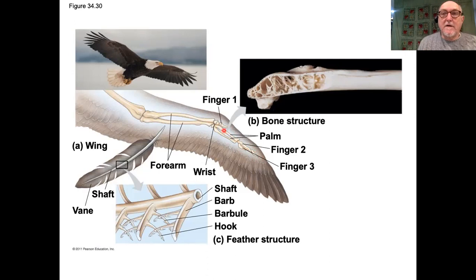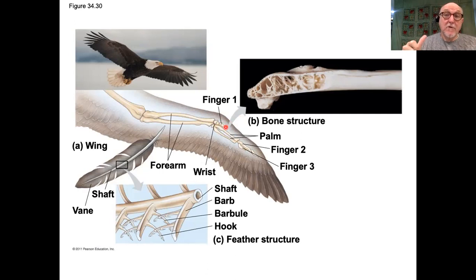There are a group of birds which still possess a thumb which is free, and with an associated digit which is actually able to grasp like this. But in most birds, the one here actually operates somewhat independently.